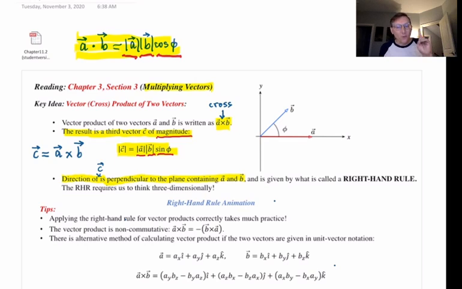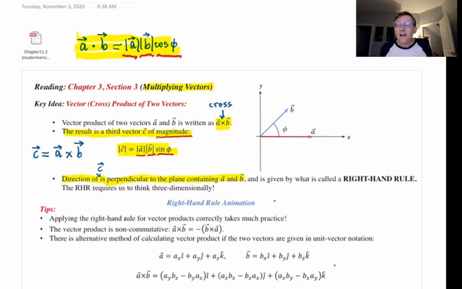So, the first thing I'm telling you is that when I take the vector product A cross B, the resultant, C, must be perpendicular to the plane containing A and B. It cannot be in the same plane as A and B. And in my picture, that means it cannot be in the xy plane. It must be perpendicular to the xy plane.